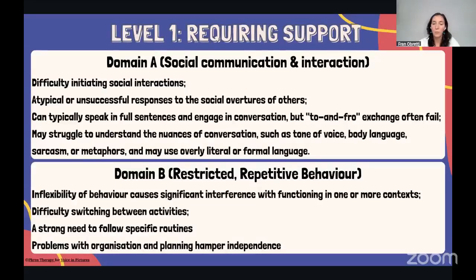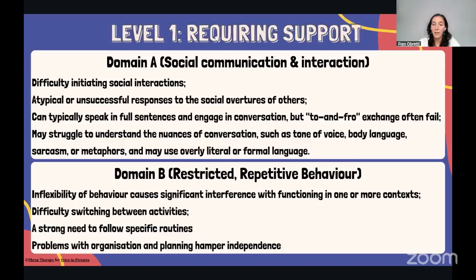So a person with autism may appear very literal in their language, very formal. This is because they struggle to understand the nuances of a conversation, the little different cues that we display when we are in a social situation. In domain B, at the level of behavior, you might be seeing someone quite inflexible in their behavior.